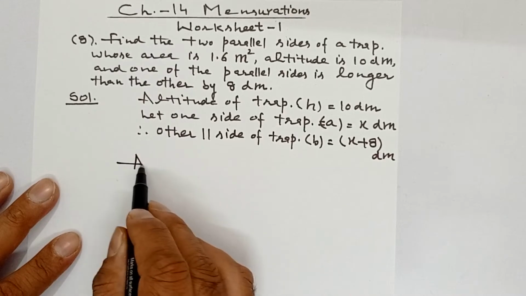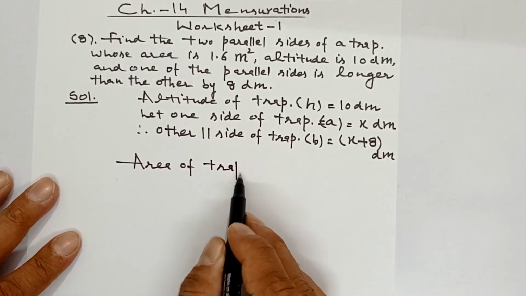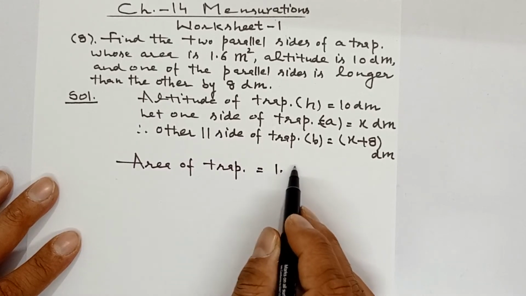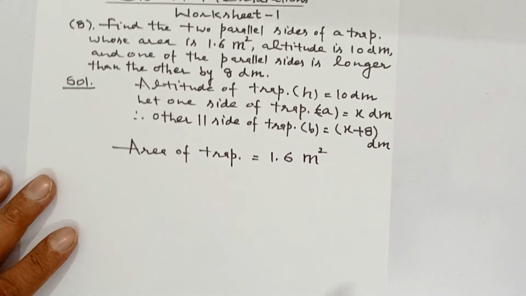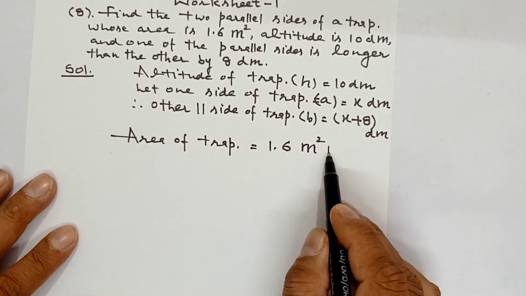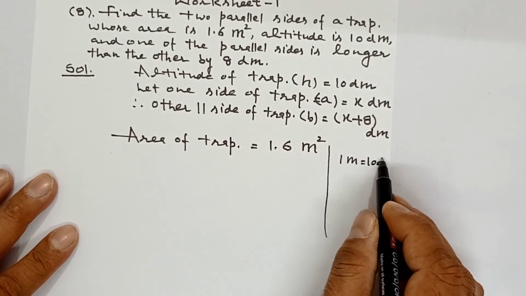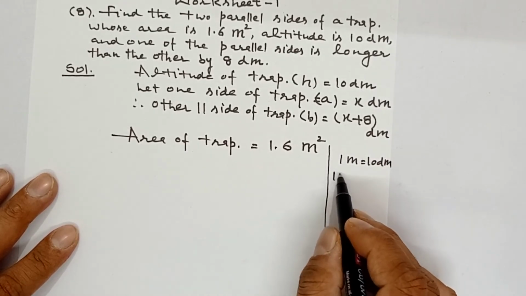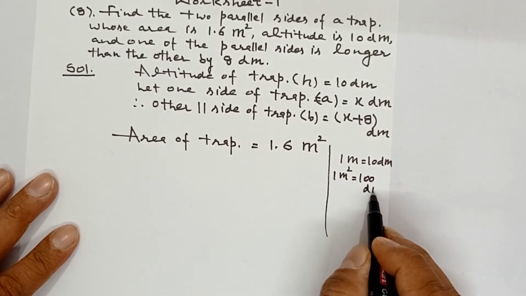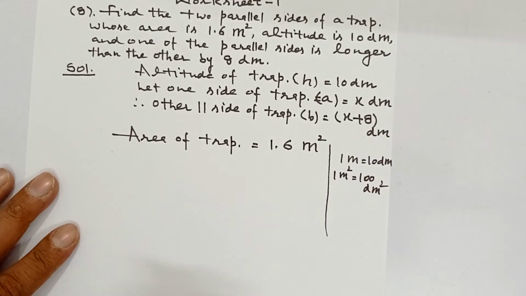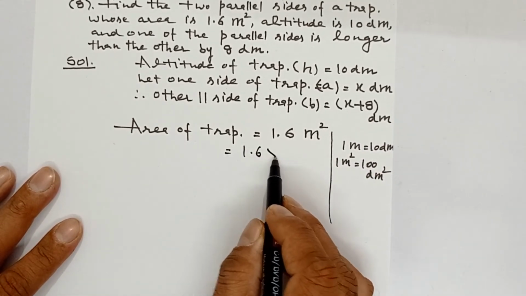Now the area of the trapezium is 1.6 meter square. In 1 meter there are 10 decimeters. Here I am writing in rough work. In 1 meter there are 10 decimeters, so in 1 meter square, 10 into 10, there will be 100 decimeter square. So meter square can be changed into decimeter square by multiplying with 100.